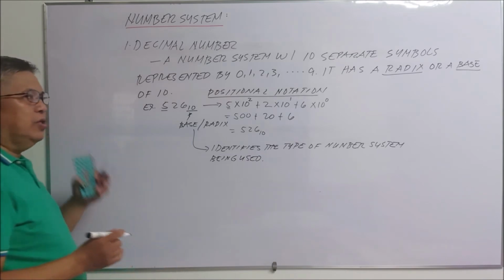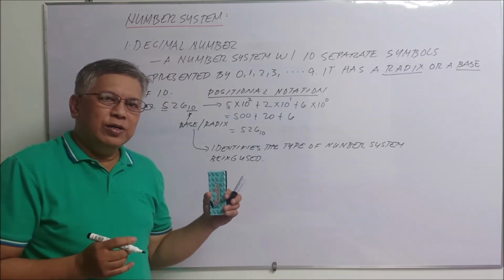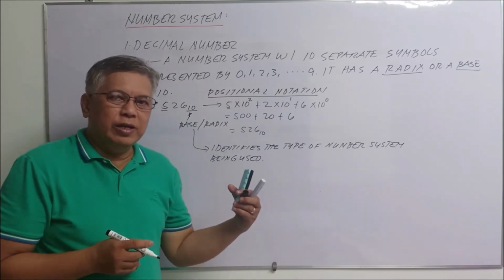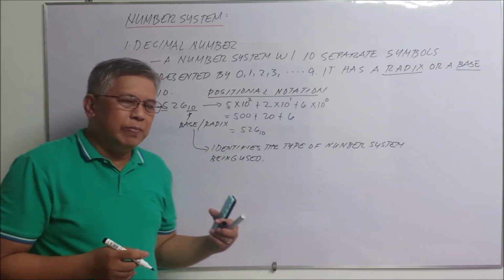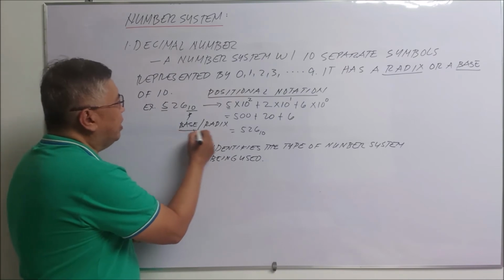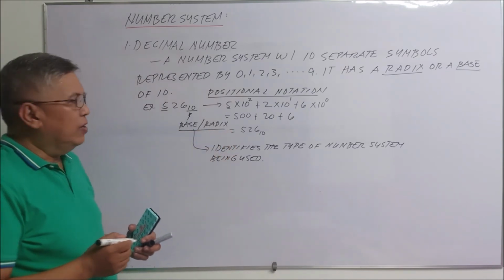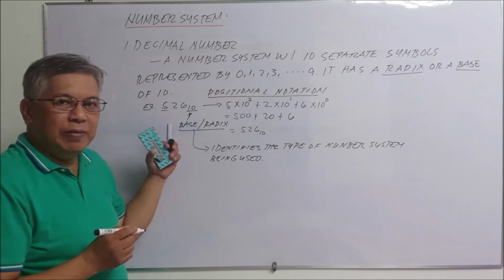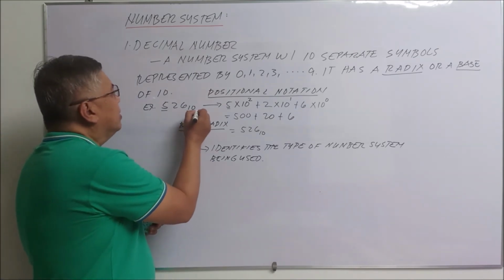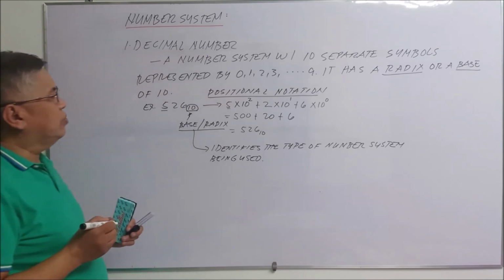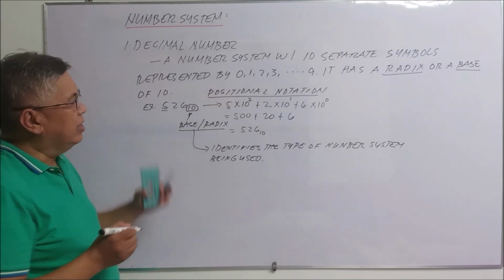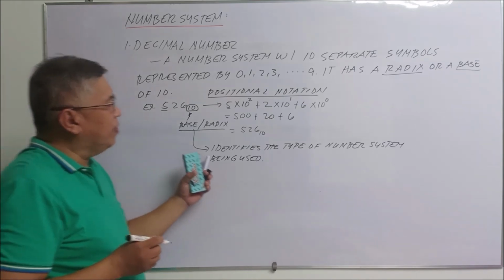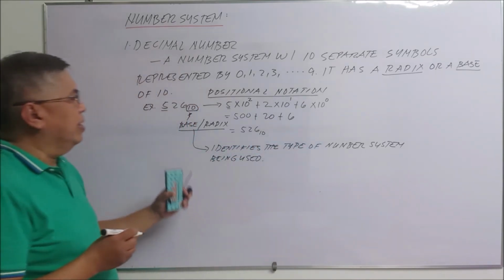Okay, since we have 4 different types of number system, we have to identify that particular number system. So with the presence of your base or the radix, we can say that it is a decimal number system because of the base, which is 10. Okay, that is your base or radix. Again, it identifies the type of number system being used.